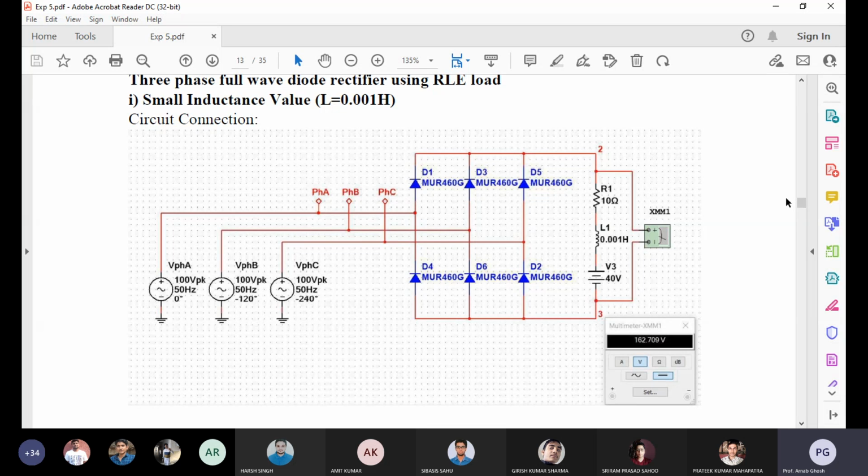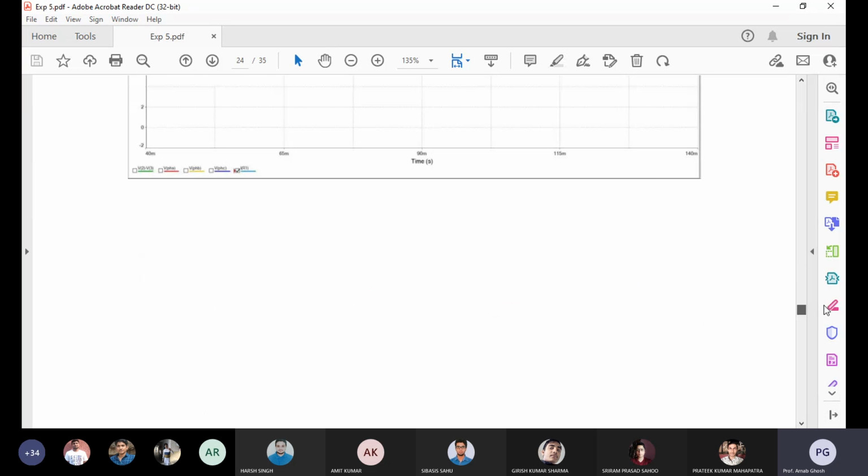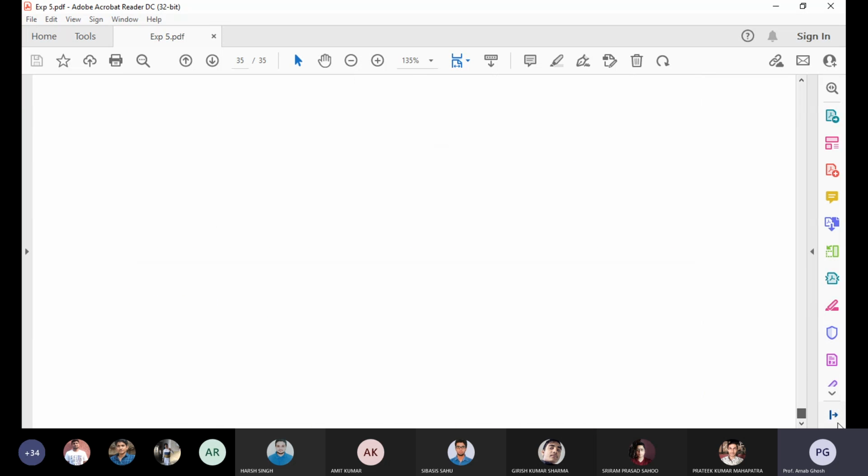If you are interested, you can also plot it for half wave, no problem, with variation of the firing angle and variation of your load components, RLE. You can use the page connector for assigning the value to the concerned devices. These are all very simple. I have already shared it with you.